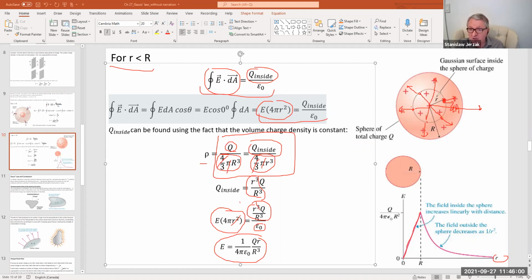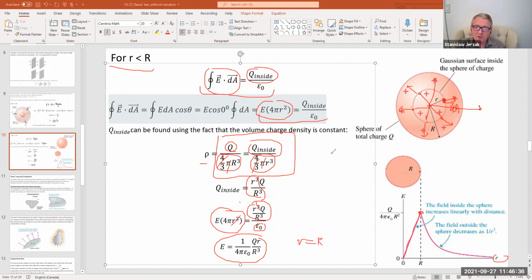But inside of the sphere, the electric field increases in a linear fashion from 0 to that maximum value, which is equal to Q divided by 4 pi epsilon naught R squared. Because when lowercase r is equal to capital R, the capital R cubed and r reduce to R squared. So the maximum field is equal to Q divided by 4 pi epsilon naught R squared.